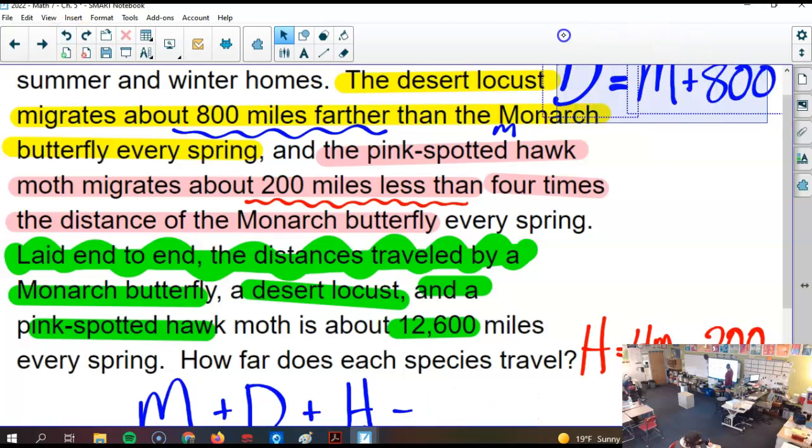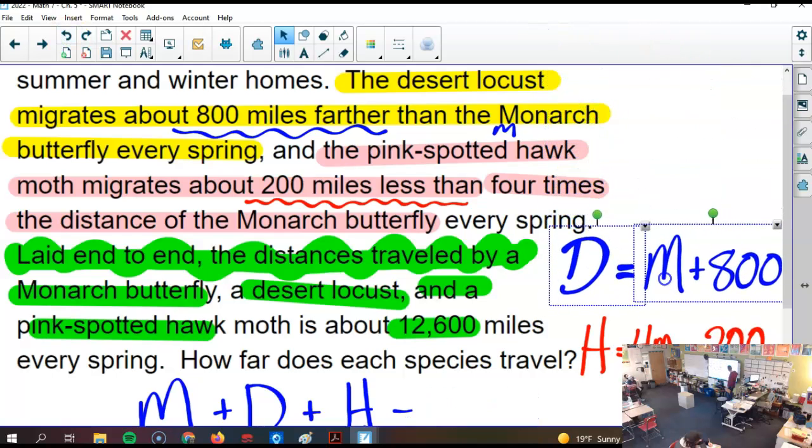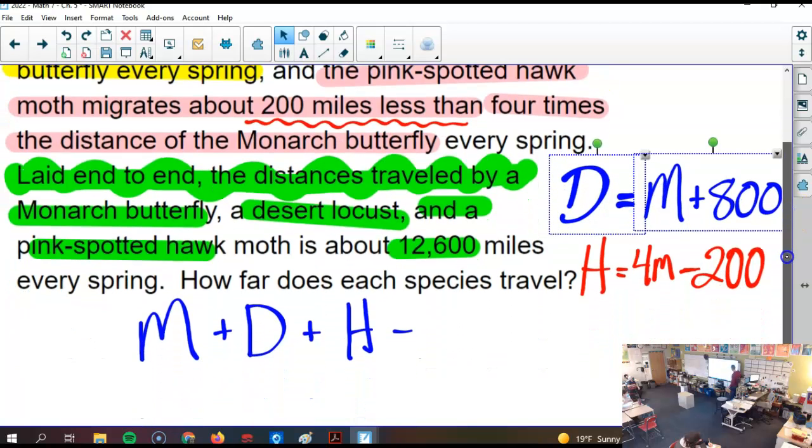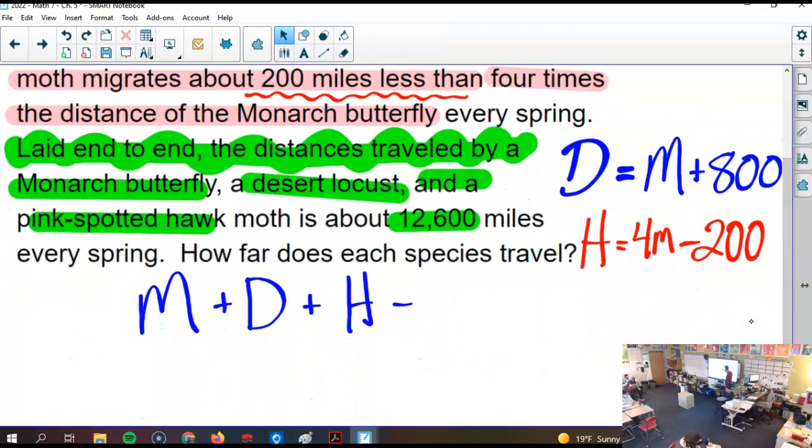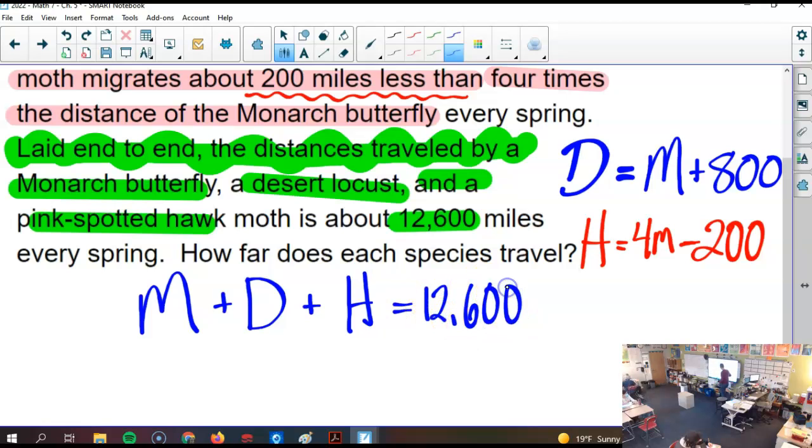So here's why we're doing the first one together, because this is the part that I've realized kids find a little hard to connect. Now I've got M plus D plus H. That doesn't do me any good because I've got 3 different variables.